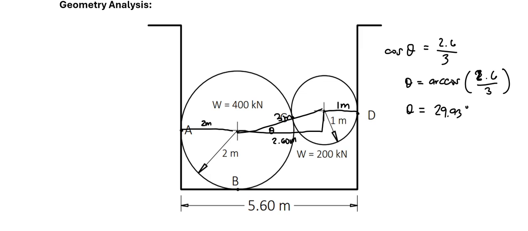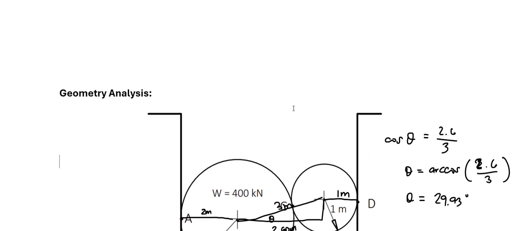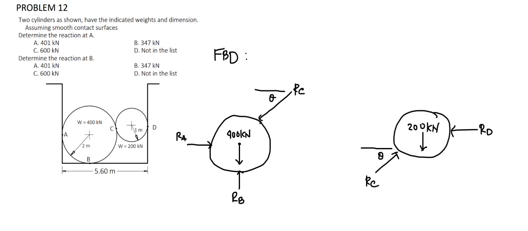Let's copy that to our free body diagram. And this angle here is equal to 29.93 degrees. Now that we have the value for the angle theta, we can now solve for the reactions.